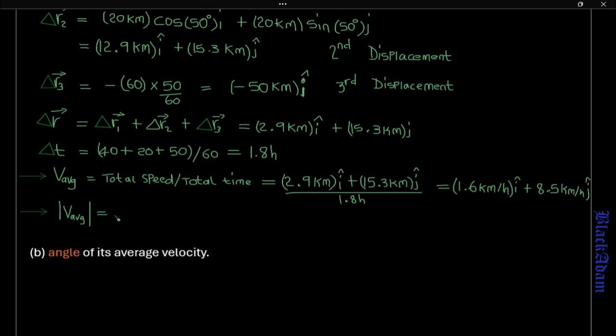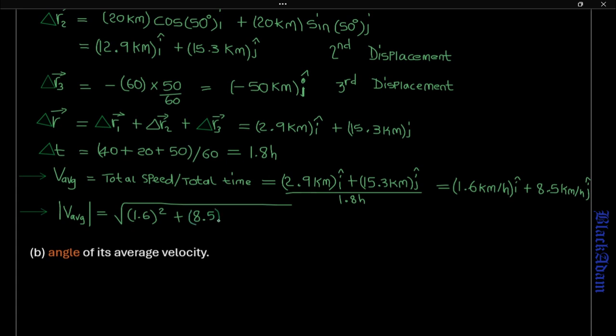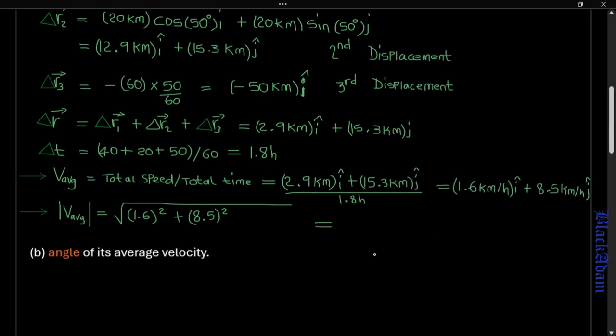So that's going to be the root of 1.6 kilometers per hour squared plus 8.5 squared. 1.6 squared plus 8.5 squared is 74.8, so the root of that is 8.6 kilometer per hour. So that's the average speed.